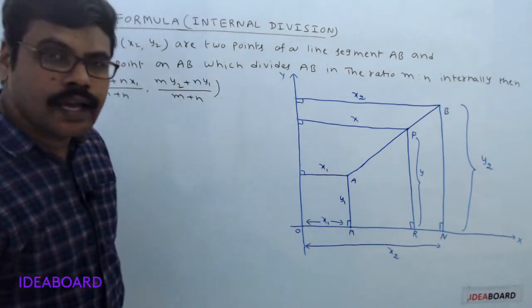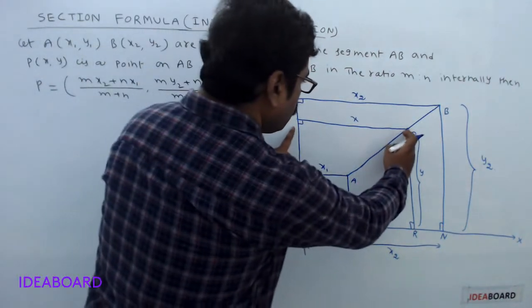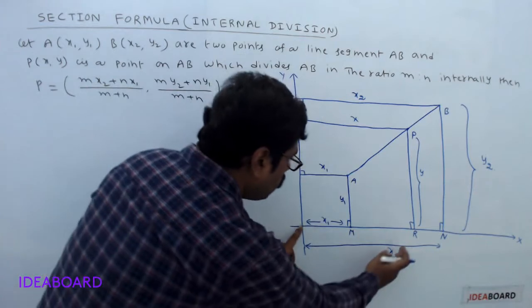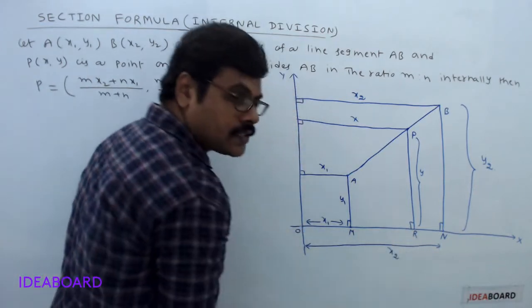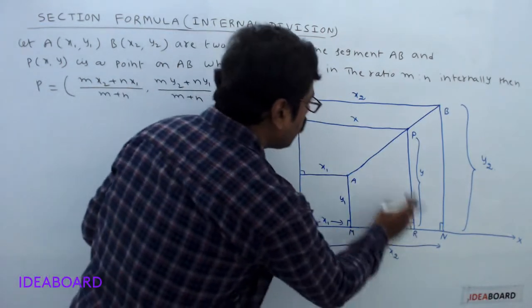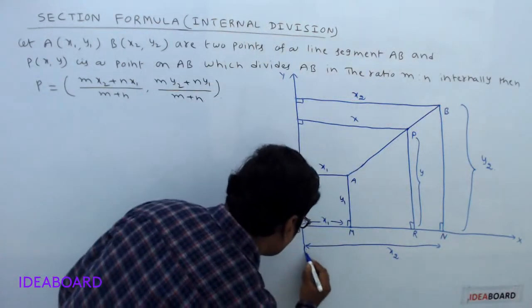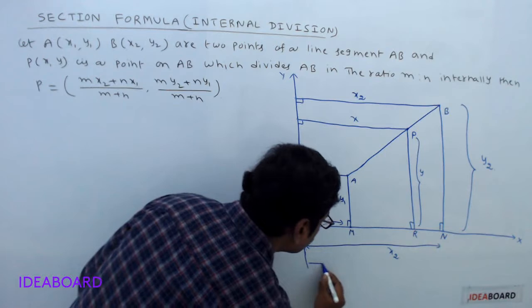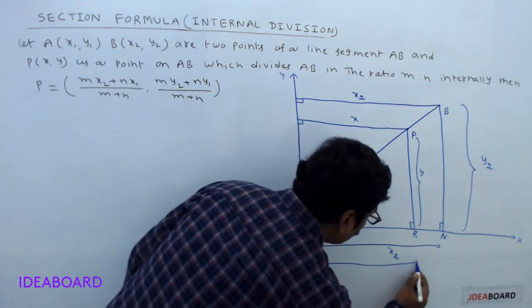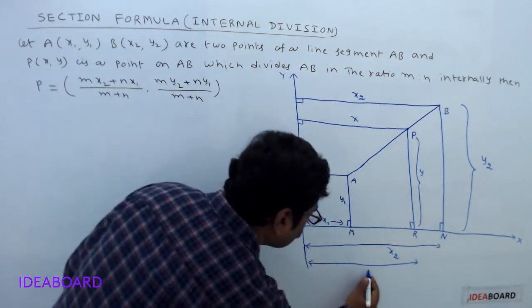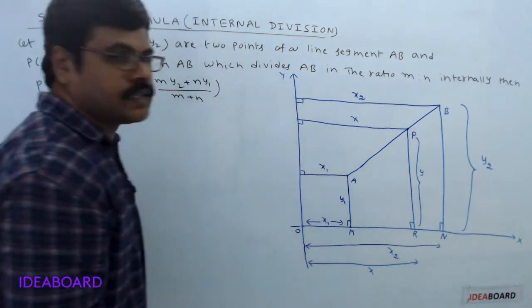Now if you look at the diagram, this length is x, so this length is also x. The distance from O to R is also equal to x.